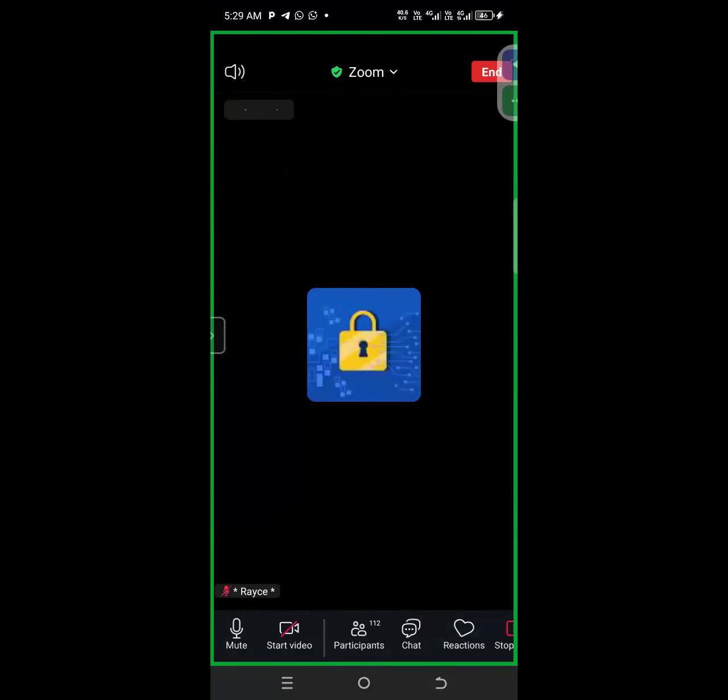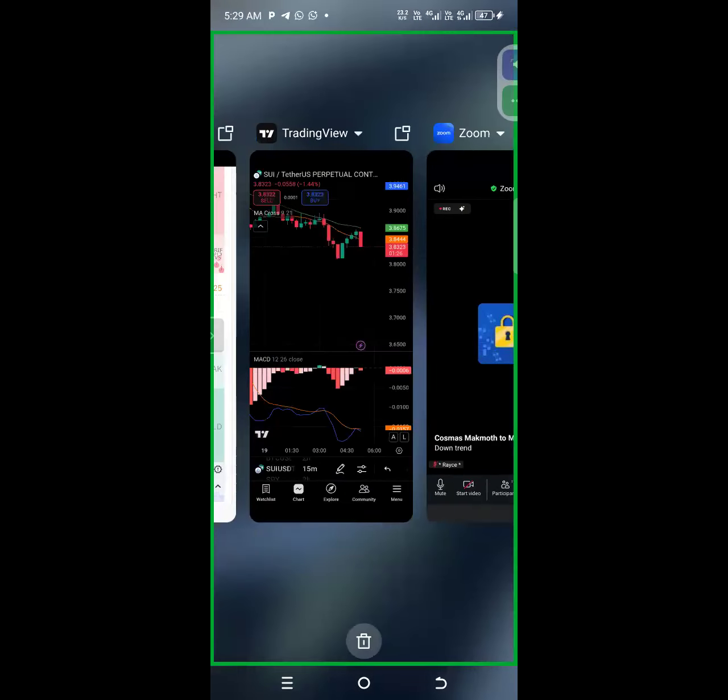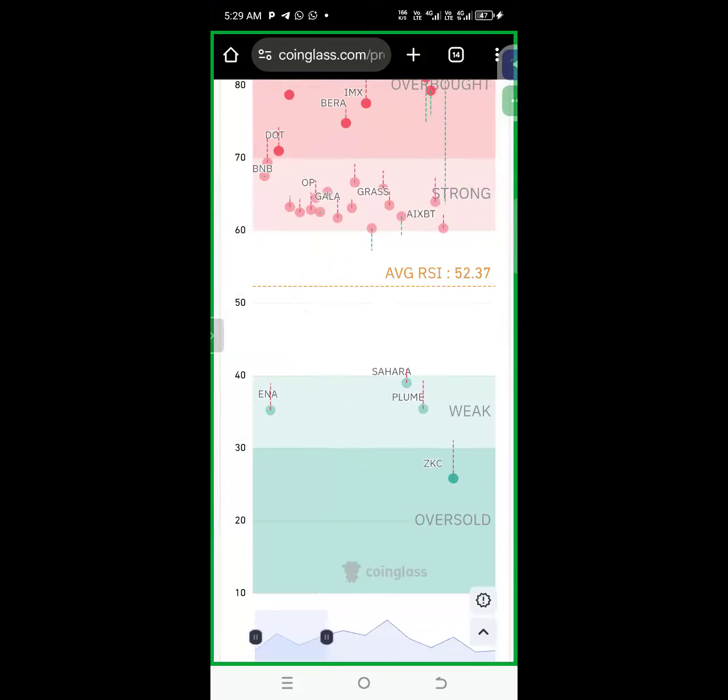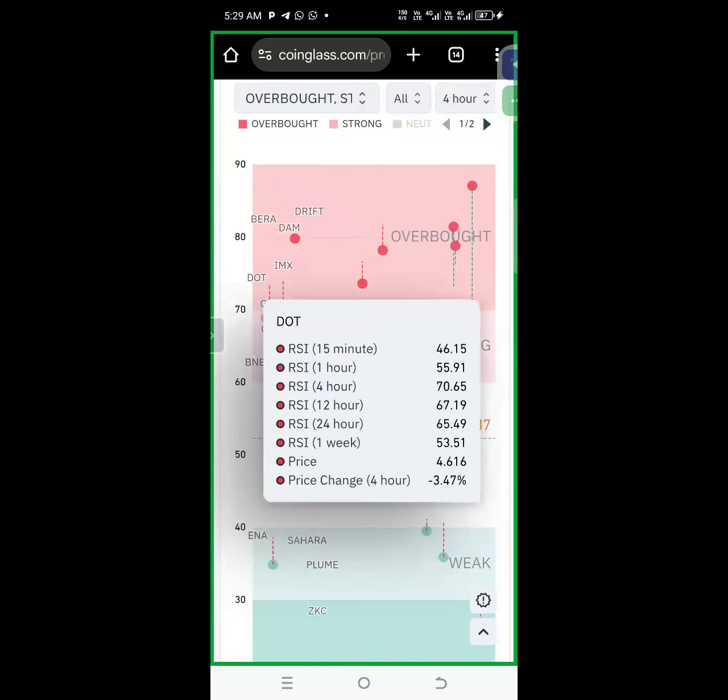Which is so interesting, right? Very good. Now, let me explain this. So you can see two things here. You realize that most of the assets, mostly on RSI, overbought assets are not to be longed.